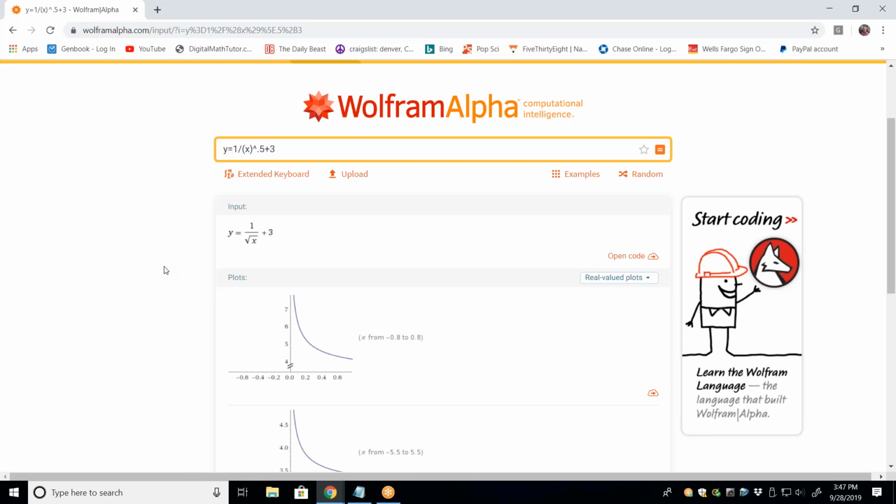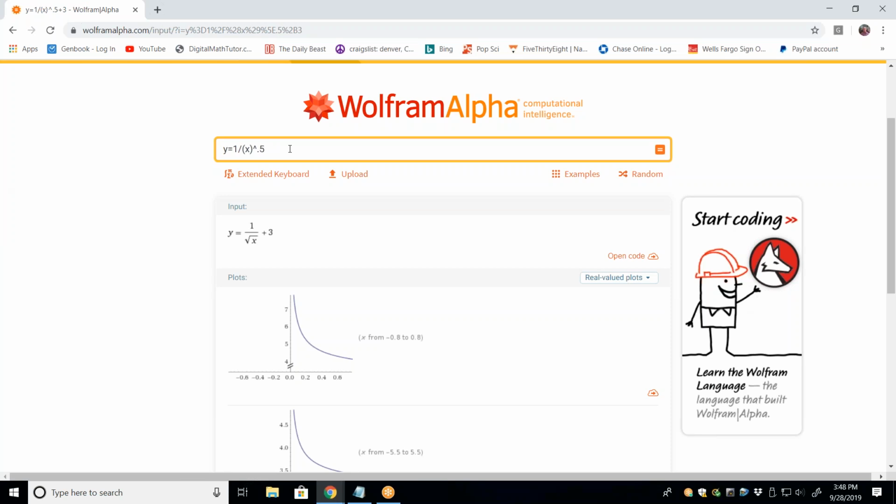There are shifts, horizontal and vertical. And there are stretches, horizontal and vertical. That's it. There's no taking the square root of something as a transformation. So if my elementary function was 1 over x, I don't really have any way to transform it into 1 over square root of x. 1 over square root of x is its own function.